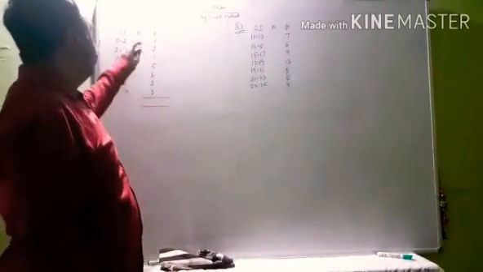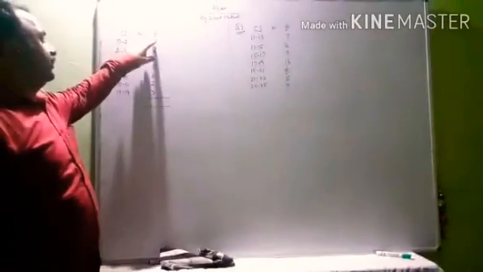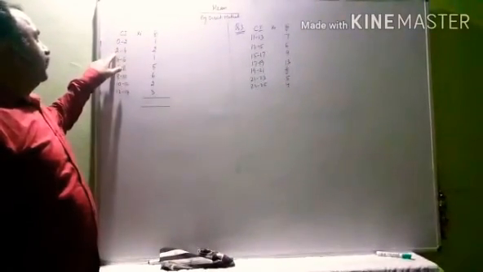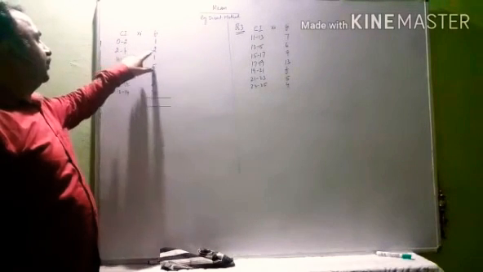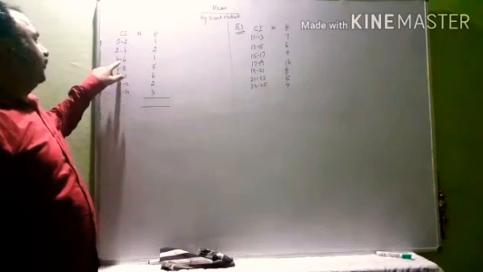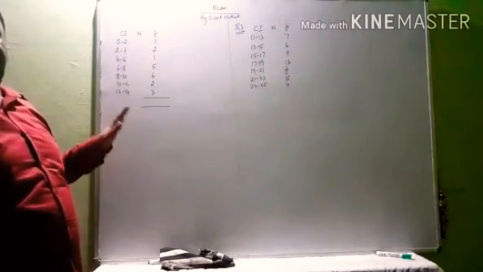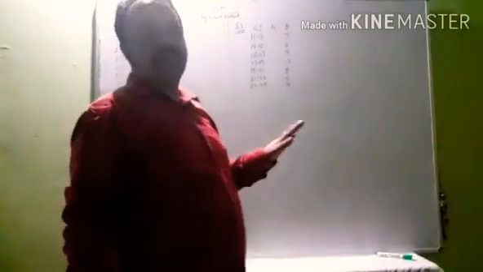So number of houses which have planted plants between 0 and 2 is 1. Number of houses who planted between 2 and 4 are 2. Houses planted between 4 and 6 is 1. So this data is given to you. You have to find out the average number of plants planted by each house.